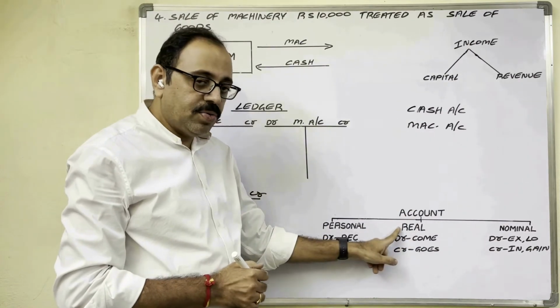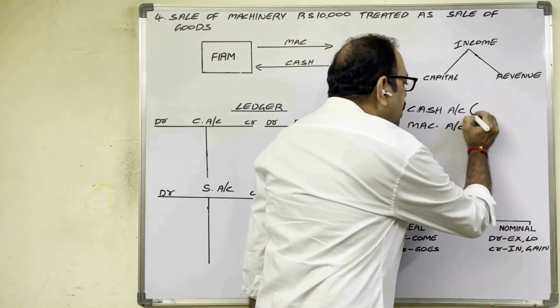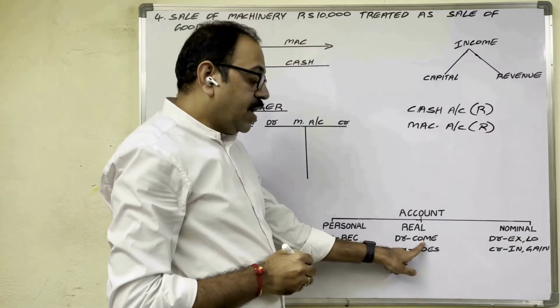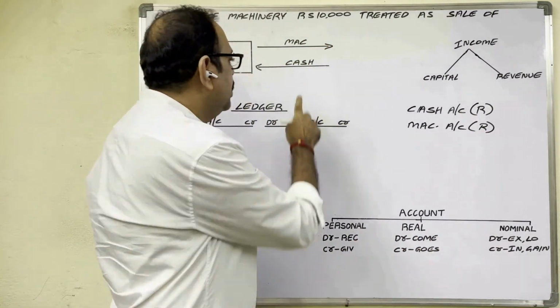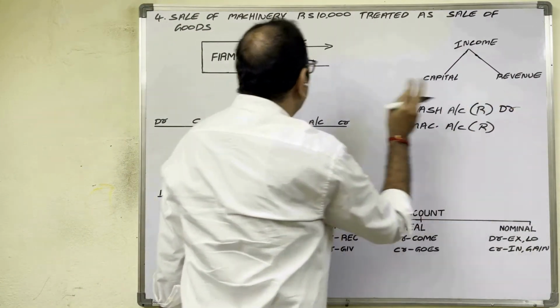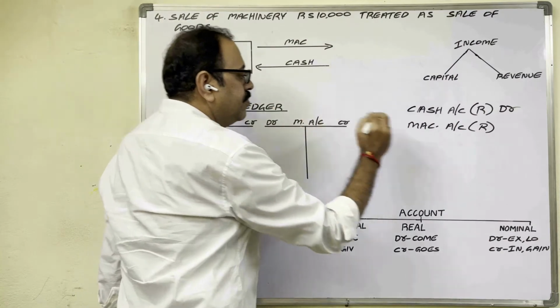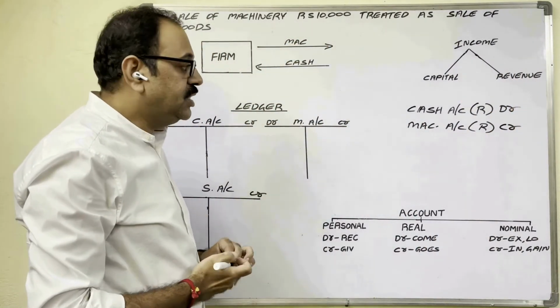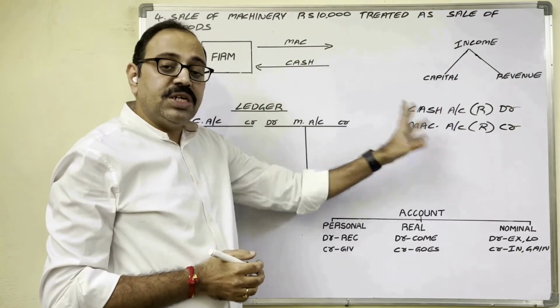Assets come under real account. These two accounts are real accounts. Real account rule: debit what comes in, credit what goes out. Cash is coming into the firm, so debit the cash account. Machinery is going from the firm, so credit the machinery account. Then the final entry is cash account debit to machinery account.